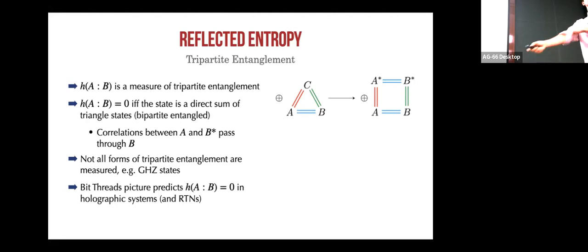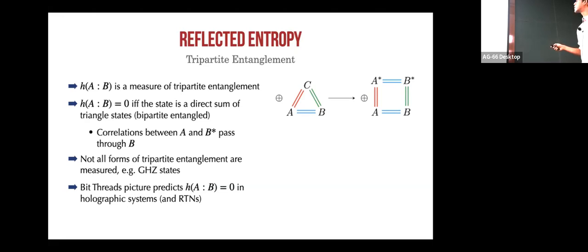Okay, and what is that diagram? If you have such states which are the direct sum, starting from this you construct your reflected entropy by tracing over. We traced out C and then purified it in this canonical way.